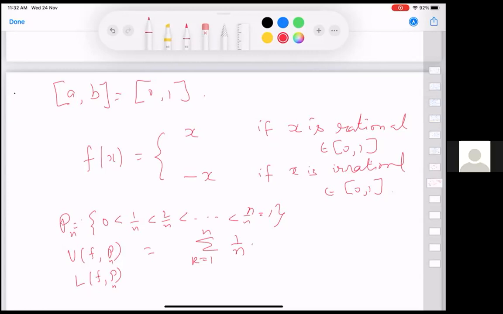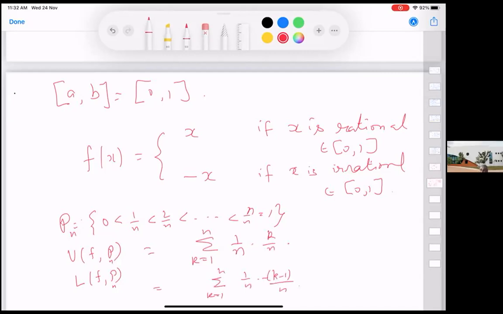Now, the supremum of this function in every interval: supremum between 1 by n and 2 by n, supremum between 2 by n and 3 by n. What is the supremum? Those will be 2 by n, 3 by n, the upper bounds. And what is the infimum? Minus of k minus 1 by n. Oh, yes.